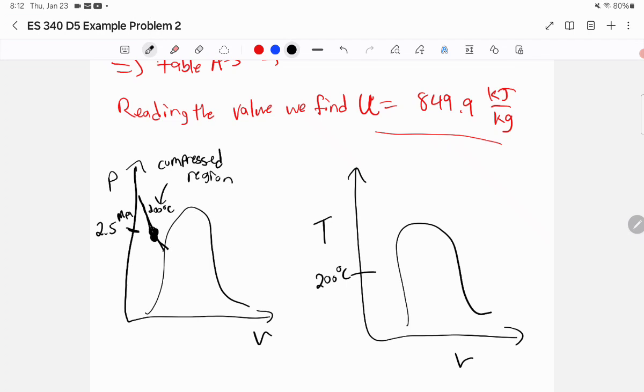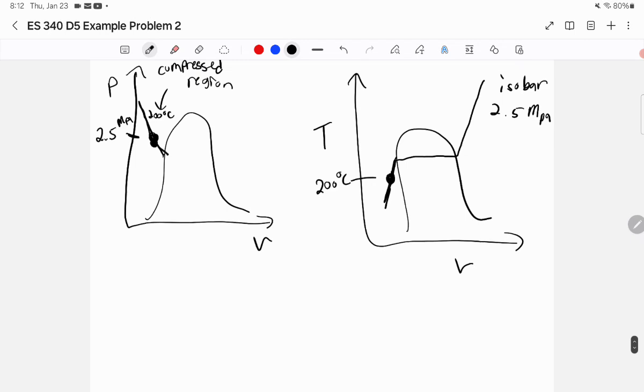And we have this nice isobar, 2.5 megapascals. Okay, so that's how we can identify the state. Again, it's in the compressed region on the left-hand side of the graph.